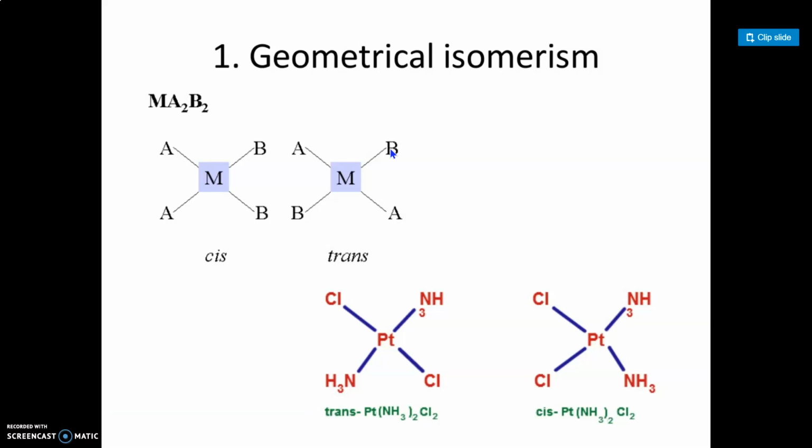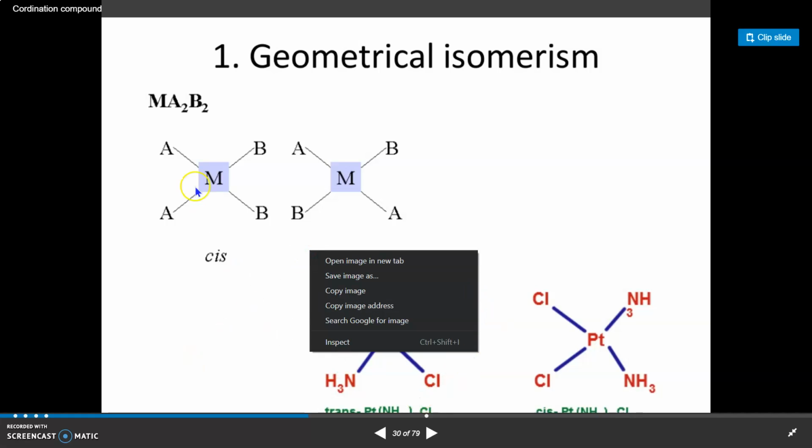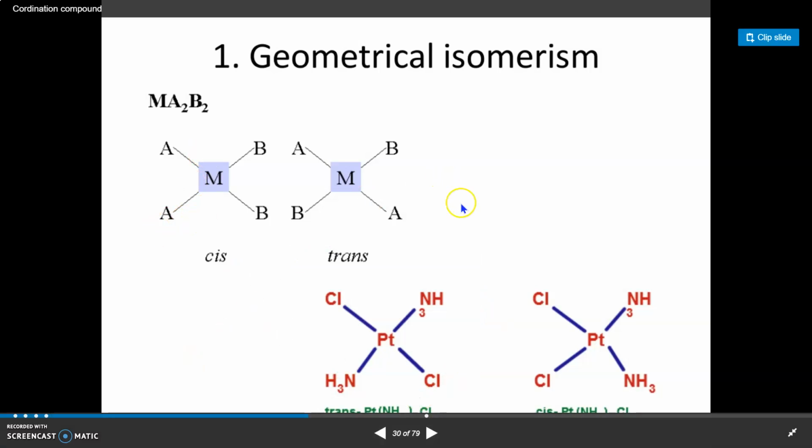Thus this kind of isomerism is also referred to as cis-trans isomerism. It is very common in coordination complexes with coordination number 4 and 6. It is not possible for complexes having coordination number 2 and 3 because in these complexes all the positions are adjacent to one another.